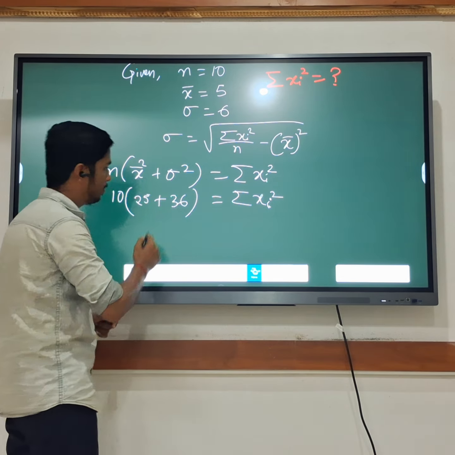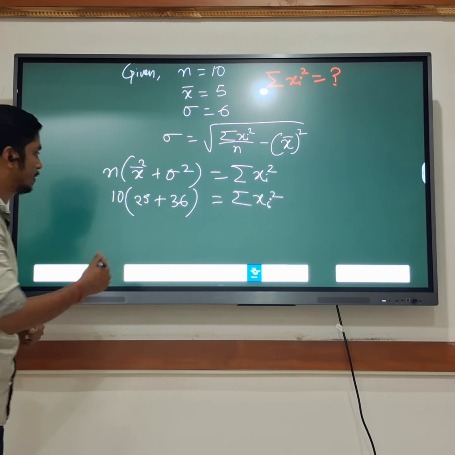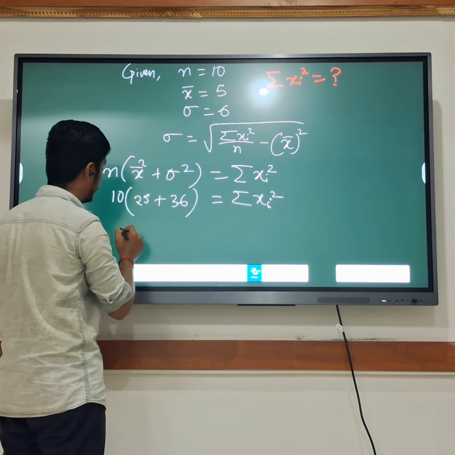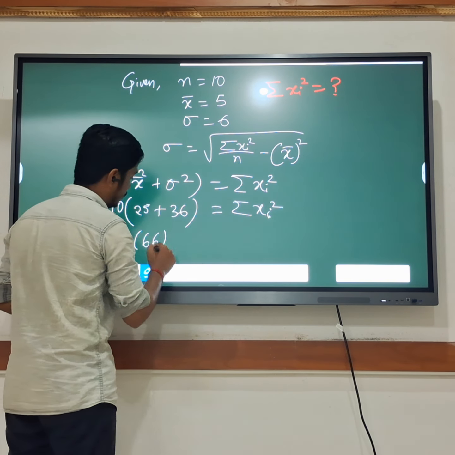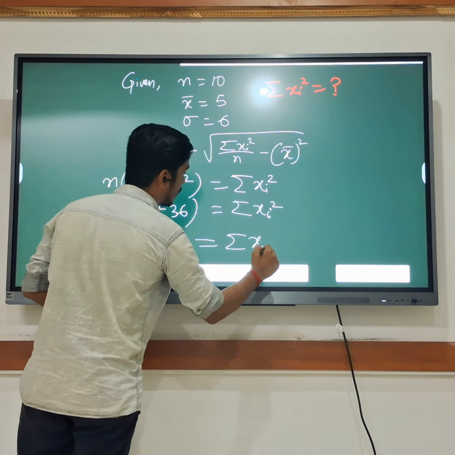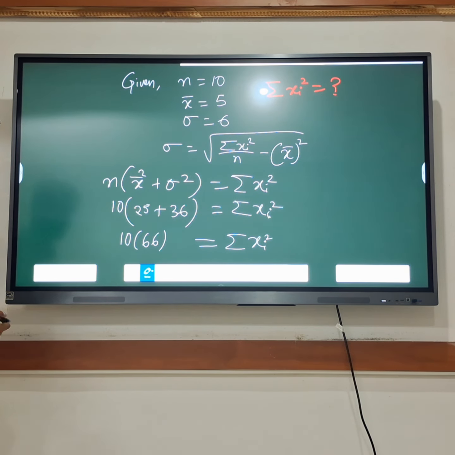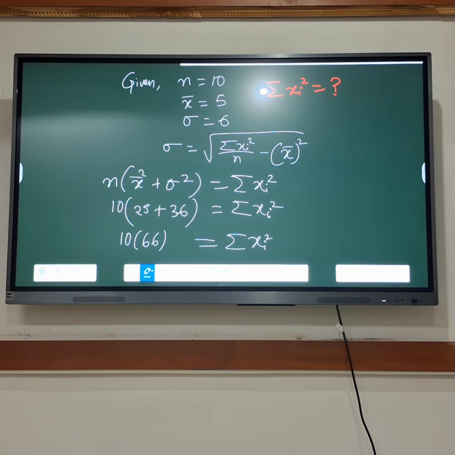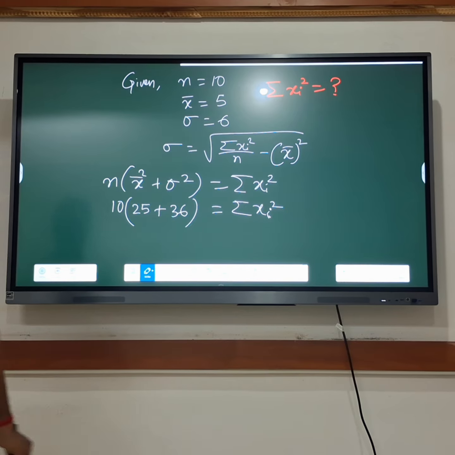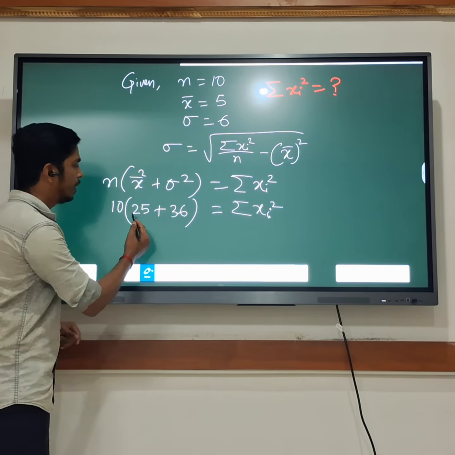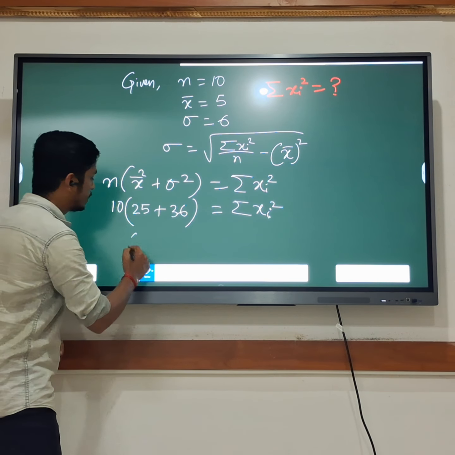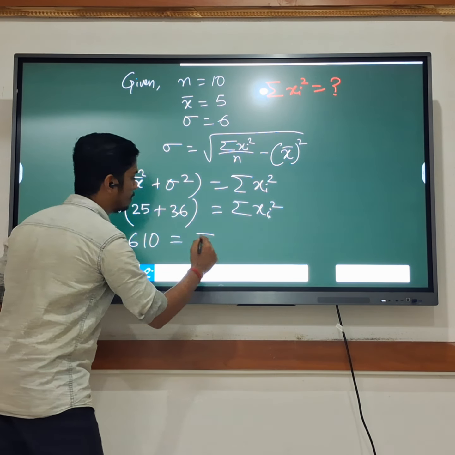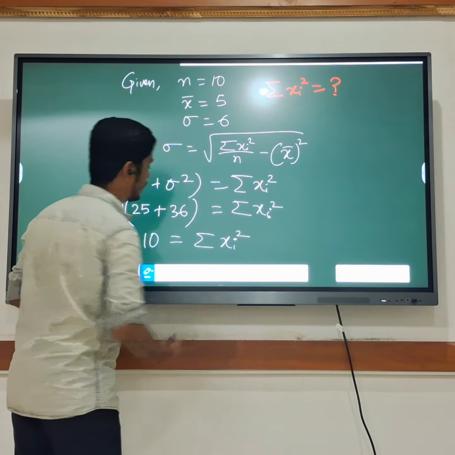Here 25 plus 36 is 61. 61 into 10 is 610, which is equal to summation xi square.